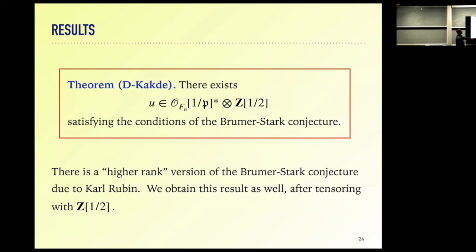This 1/2 is annoying, and I don't think I'll have time to say much about it later, but it's work in progress of myself with my collaborator Mahesh Kakde, and together with two of my postdocs, Jesse Silliman and Julia Wang, where we want to remove this Z[1/2] and get it unconditional. And we have partial progress toward this. So we can do this when the 2-Sylow subgroup of the Galois group of your extension is cyclic, and then we have a bound.